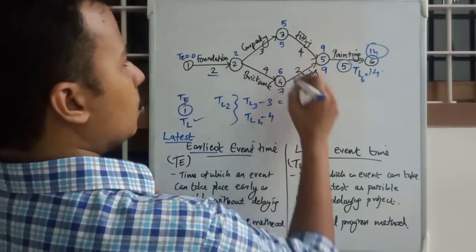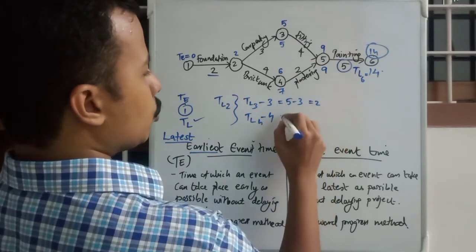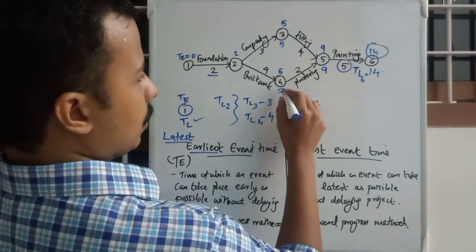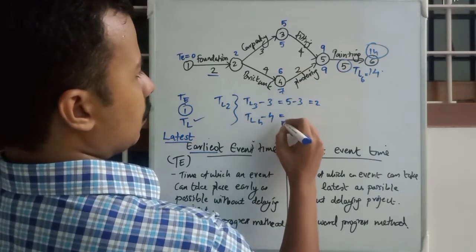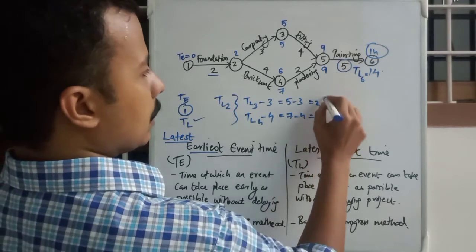That is 5 minus 3 equal to 2, and 7 minus 4, that is equal to 3.